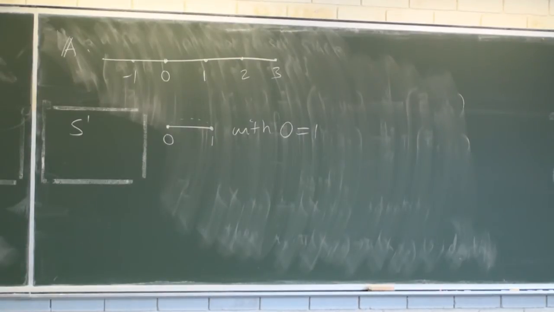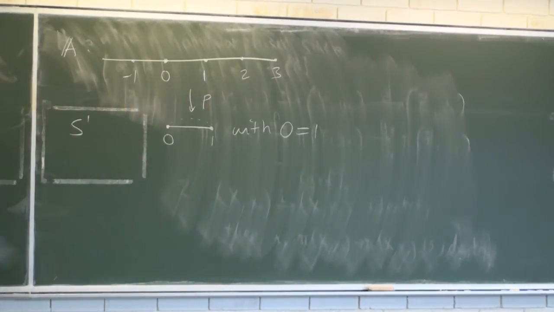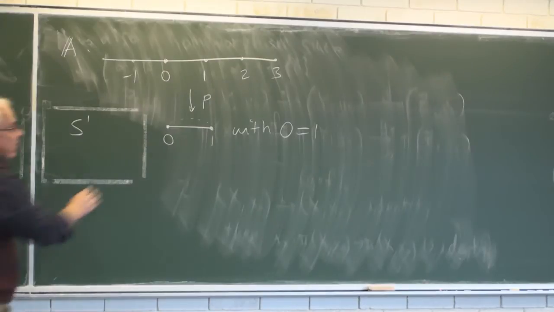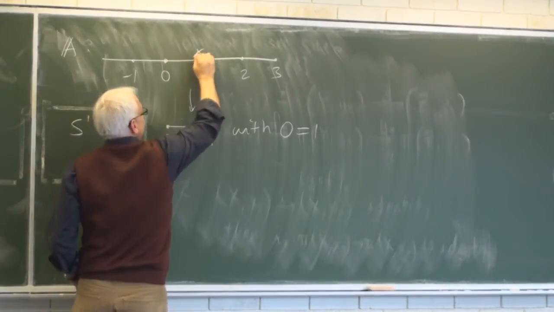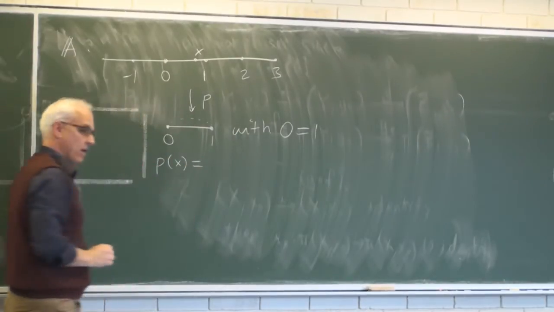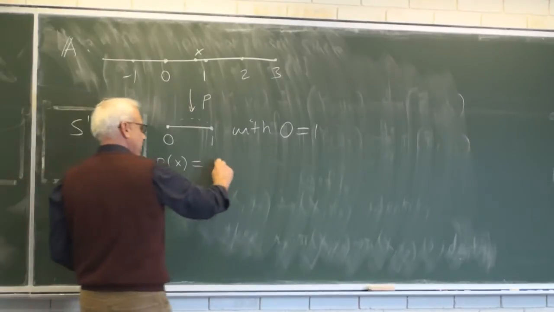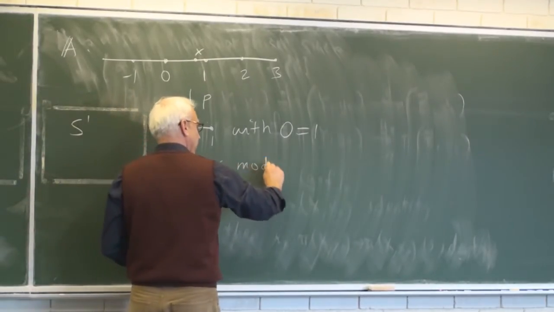Then what is the map that relates the covering space to the base space? What is the projection P? Well, we take a point x here, and we define P of x to be x mod 1.